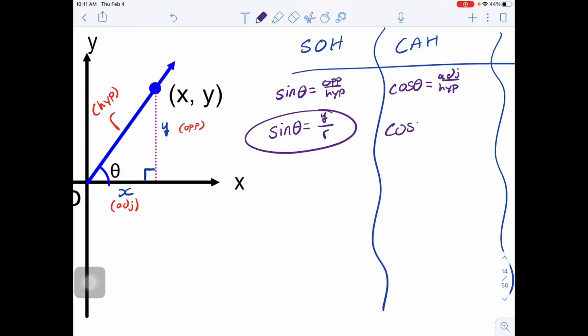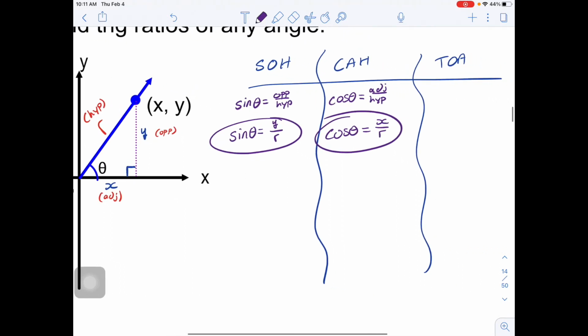So we can represent cos of the angle as x over r. And finally, tan is opposite over adjacent. My opposite side length is y, and my adjacent side length is x. So tan of the angle equals y over x.